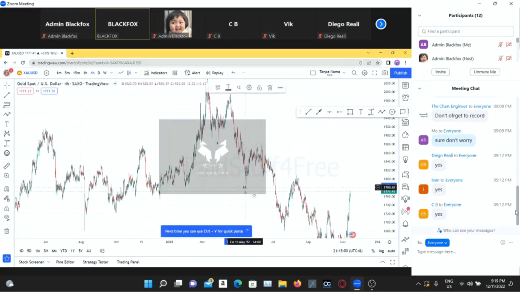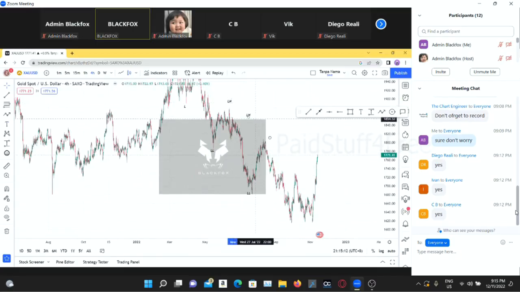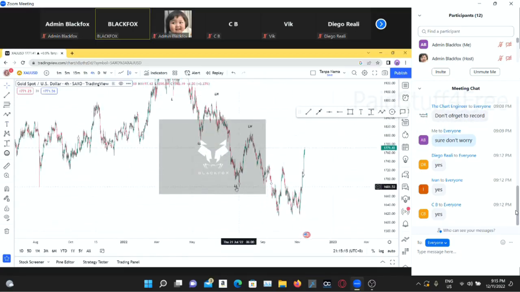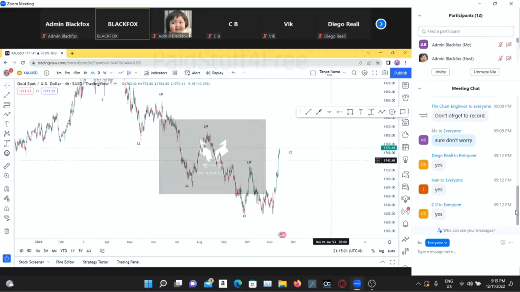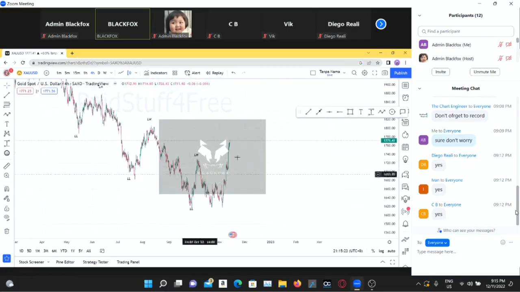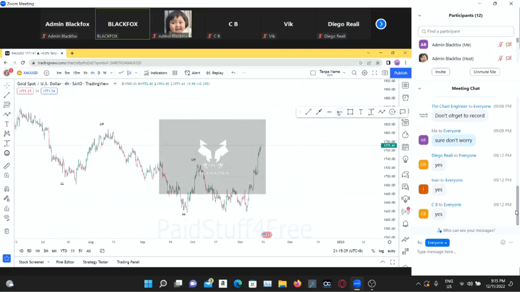So this one low, this one lower high, this one lower high, lower low, lower high. Okay, so what we see at this structure movement, price movement, the price breaks this lower high, right?